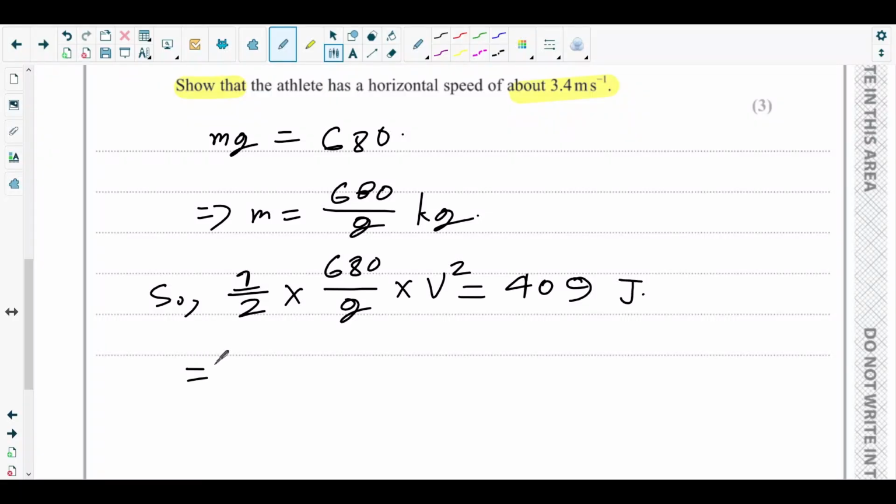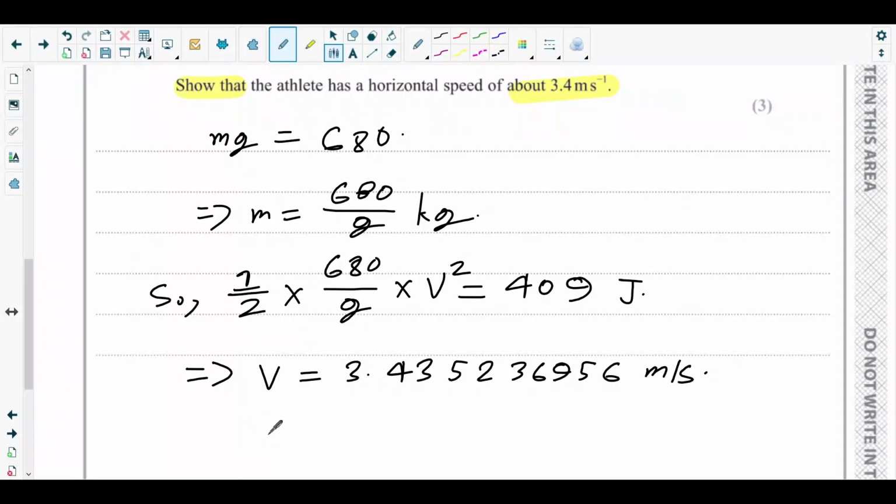Now we know the kinetic energy, so we can easily find the speed using the calculator. 409 times 2 over 680 over 9.81 gives you 11 point something, then square root the answer. You will get the speed, basically 3.435236956 meter per second.